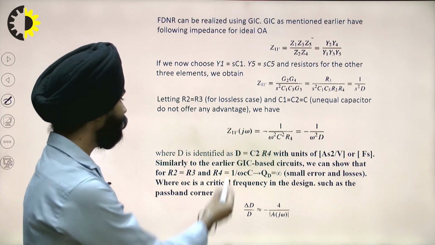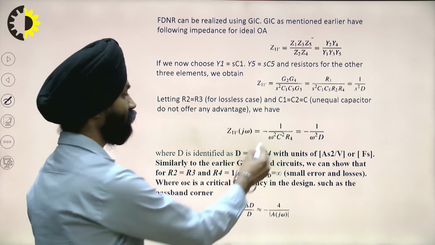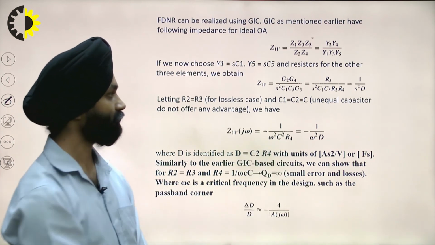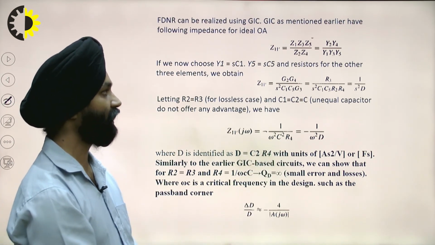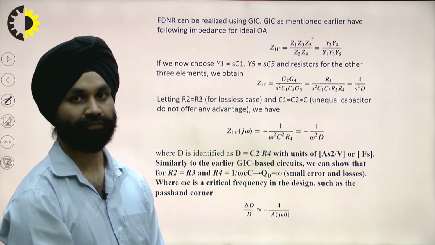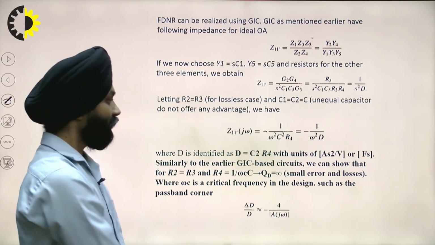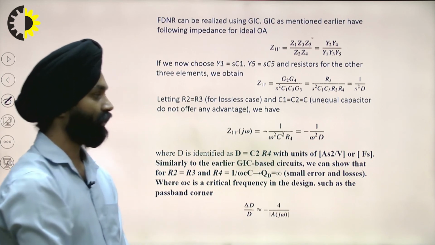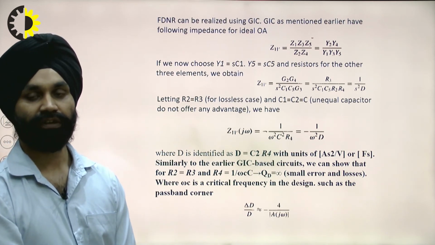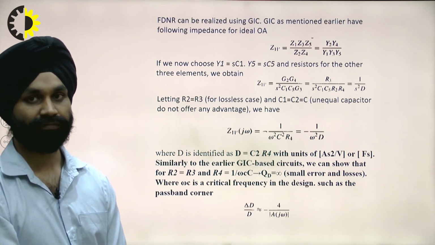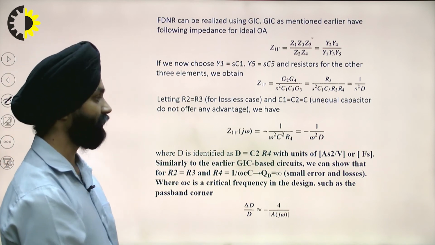Here D can be defined as C2 into R4 when R3 is equal to R2. It will have a unit of ampere square second square by volt, or Farad seconds.